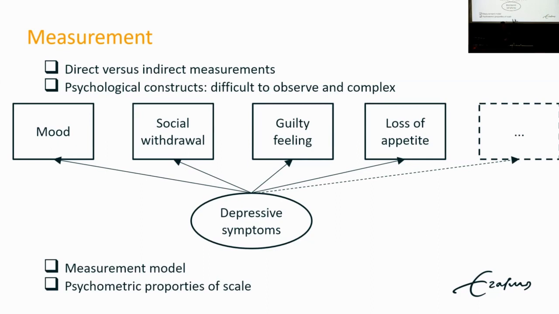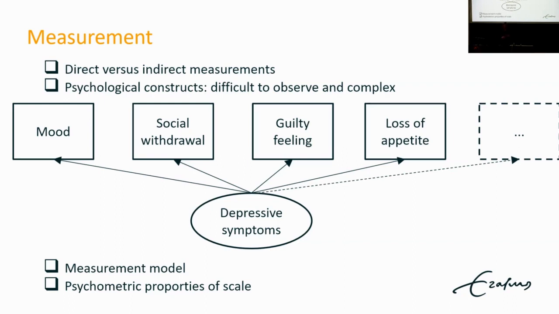And typically you will see something like this. This is a confirmatory factor model. You might be familiar with that. What we assume is that there is a latent construct. It's not directly observable, but it does exist, like the extent to which you are depressed, your depressive symptoms level. And we assume that this latent variable has an impact on how I answer questions that are indications of depression.